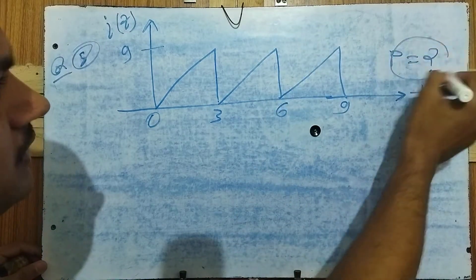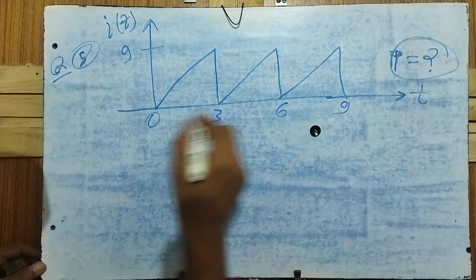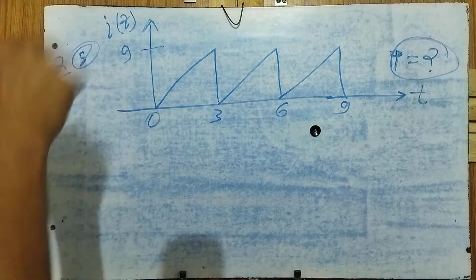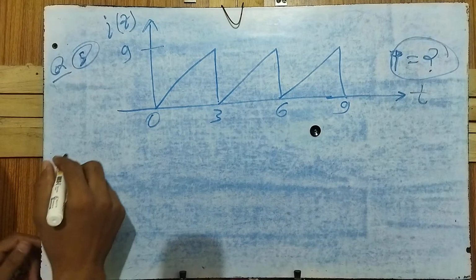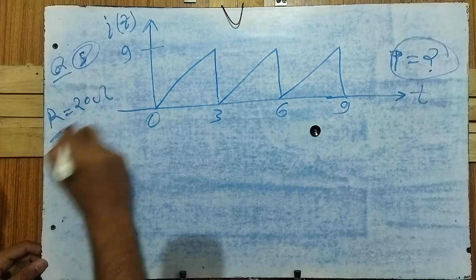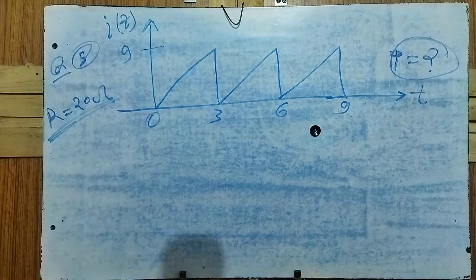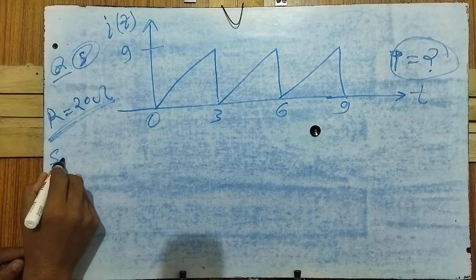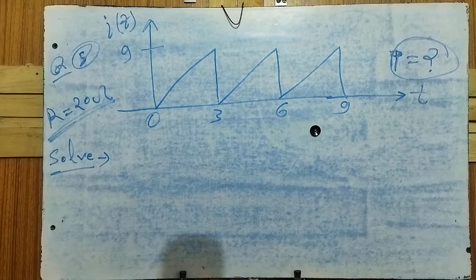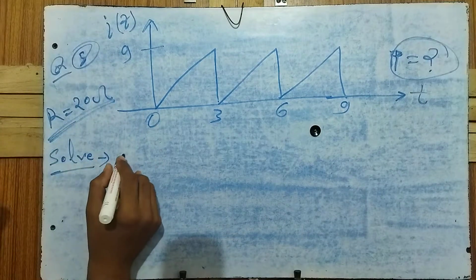Find out the power if a resistance of 20 ohm is connected to this current. Means a 20 ohm resistance is applied a current of this waveform. What will be the power dissipated by the resistance? Solve. Very common question, asked many times, you will have to understand this.